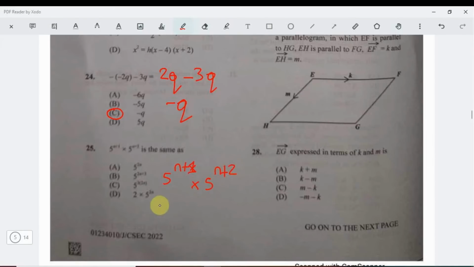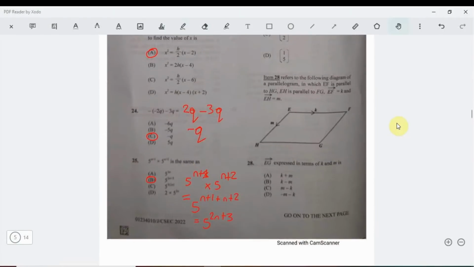When the bases are the same, we add the powers. So it's 5 to the n plus 1 plus n plus 2, which works out to be 5 to the 2n plus 3. That's option B. Nice.